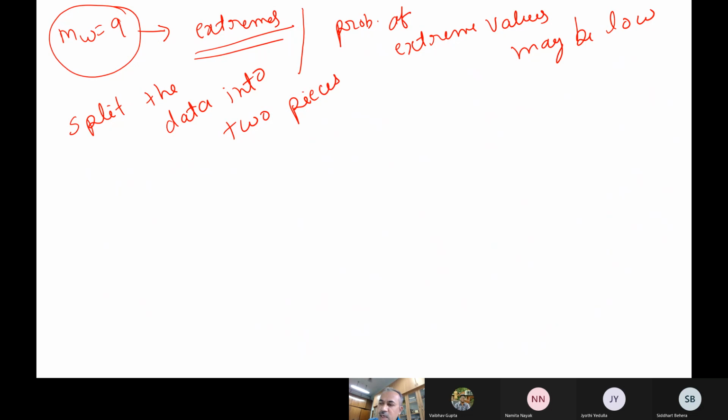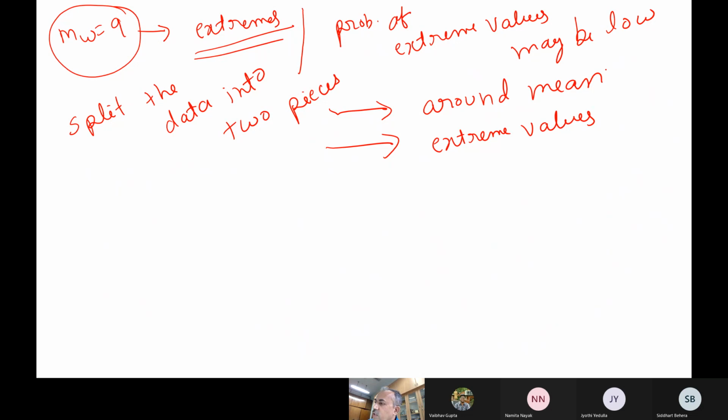One is the values around the mean, sometimes plus or minus sigma, which you handle separately. The second is all the extreme values. So you fit two separate distributions.